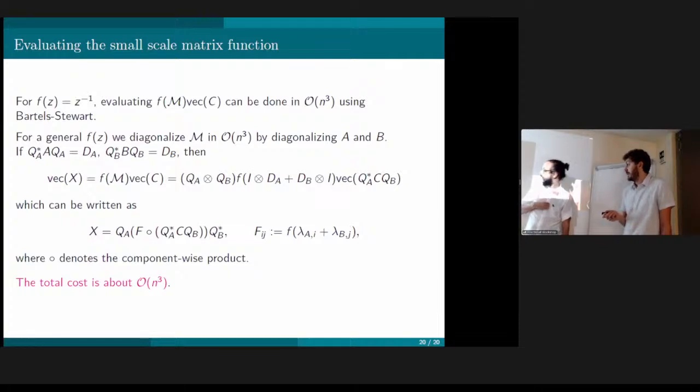But again, since you're projecting with this very nice structure of the basis, you still have a Kronecker sum for the projection, and you can directly diagonalize A and B, because they are still Hermitian. Then you have a diagonal matrix, so you can write this as a matrix that has the evaluation of the function on all the possible pairs of eigenvalues, and then do the projection back.